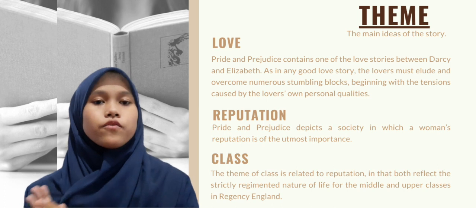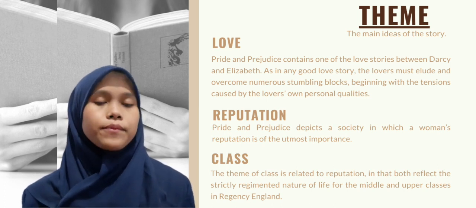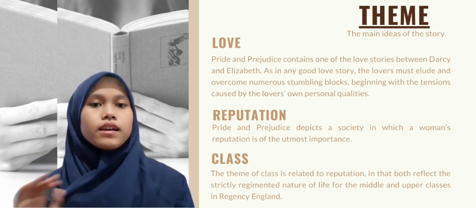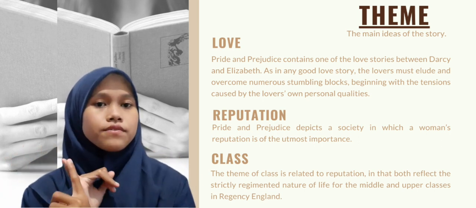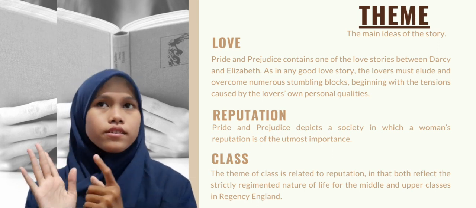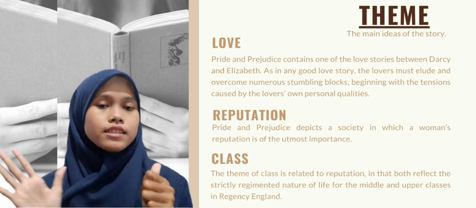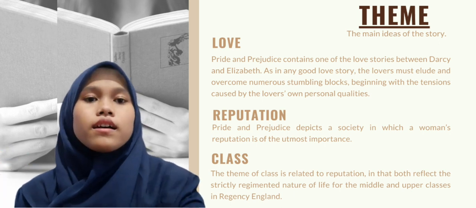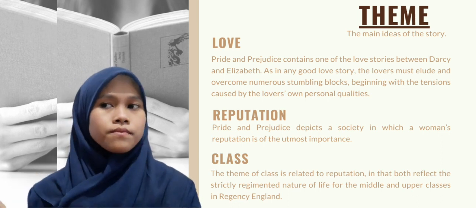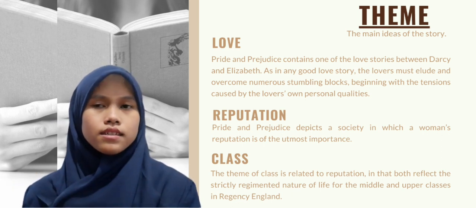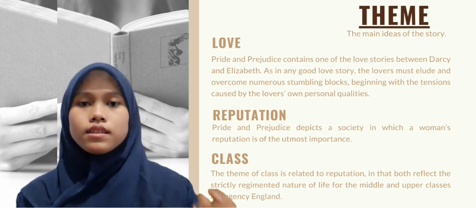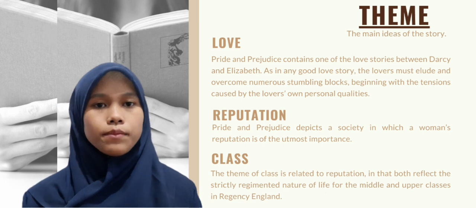Okay, the fifth element is theme. In this novel, there are 6 themes, such as love, reputation, class, family, integrity, and the last, gender. In love, this novel contains one love story between Mr. Darcy and Elizabeth.